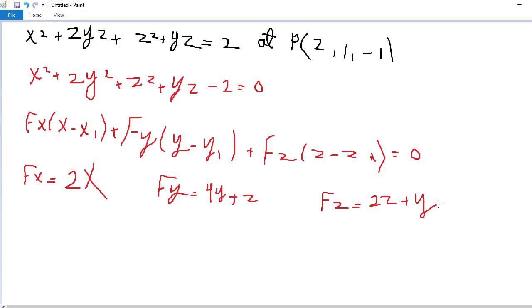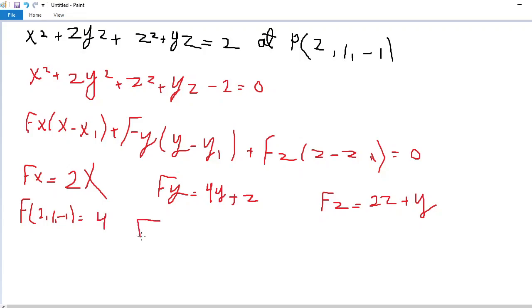Then what you need to do is enter the points after you find the partial derivatives. So let's put the points here. We will write f of (2, 1, negative 1). fx is going to be 2 times 2, which is 4. Okay, we're done.